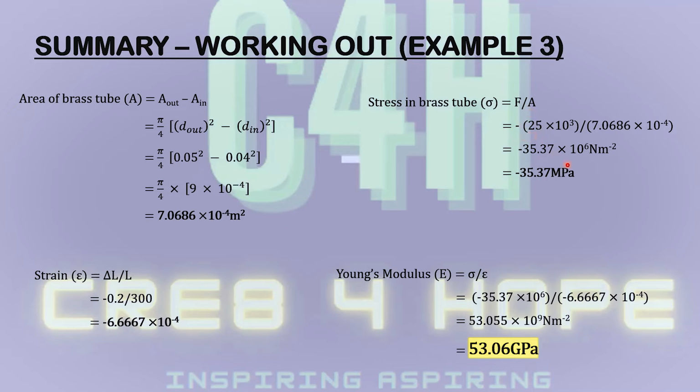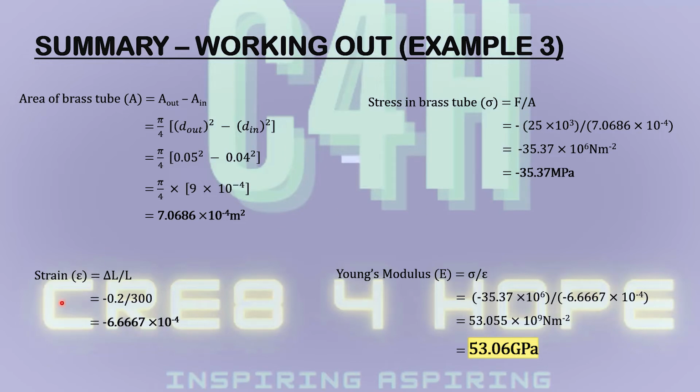So this equals minus 25 times 10 to the power 3, divided by the worked out area, 7.0686 times 10 to the power minus 4, which gives a result of minus 35.37 megapascal. As I stated in our work along, it's up to you if you want to use the negative sign. But from the problem, the negative signs will cancel out, so it's more or less up to you.